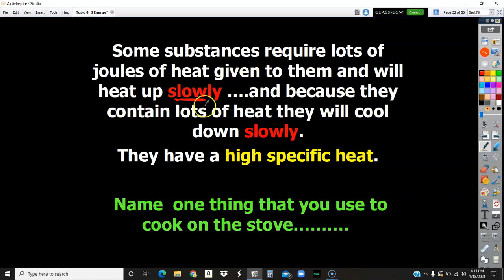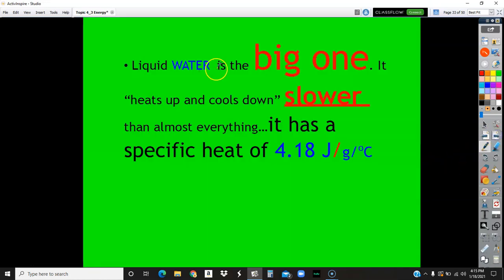And because they need a lot of heat, they cool down slowly. They have a high specific heat. Name one thing that you use on the stove to cook, and that's liquid water. So it takes more energy than any other substance to heat up and cool down. So again, liquid water, you need 4.18 joules per gram per degree. Common sense. Pretend, and I'm a horrible drawer.